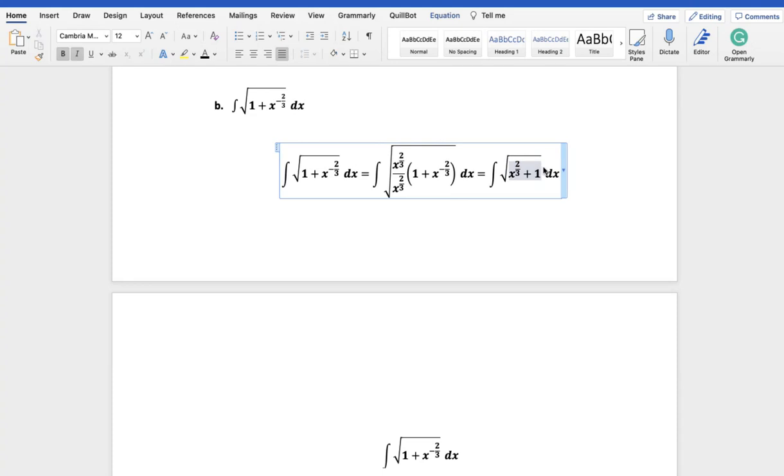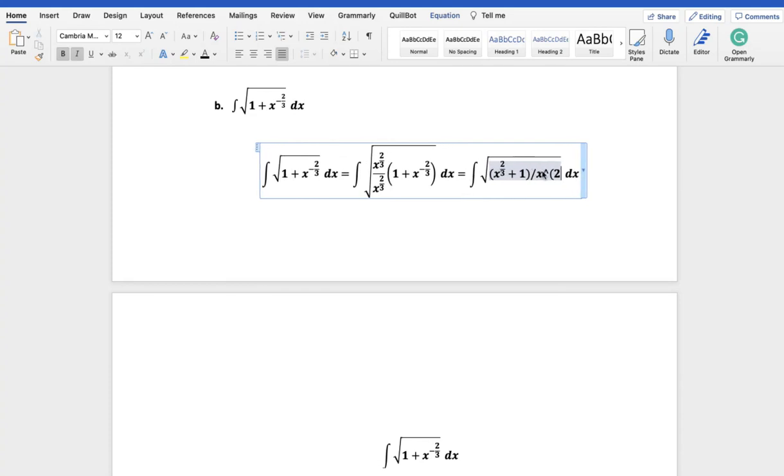So 1, right? And this is all divided by x to the 2 over 3.